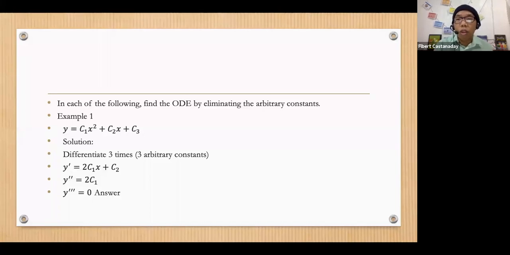So you should not continually differentiate until you eliminate the arbitrary constants, because that's not the rule. Just differentiate the given equation as many times as the number of arbitrary constants. Okay, let's have more examples regarding this topic.